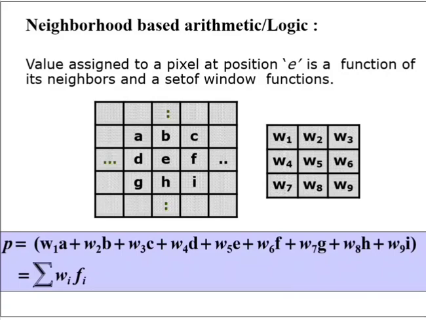And we also studied some arithmetic and logical operations. The arithmetic operations are addition, subtraction, multiplication and division, while the logical operations are and, or and complement, which is nothing but not.